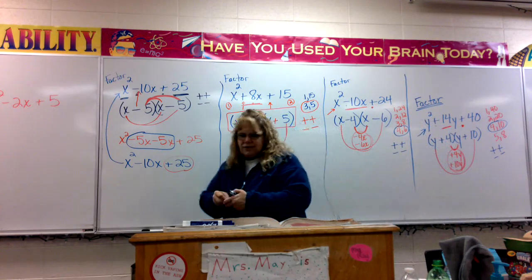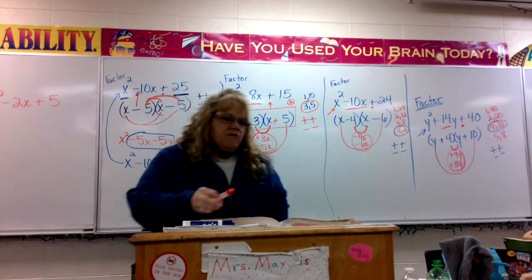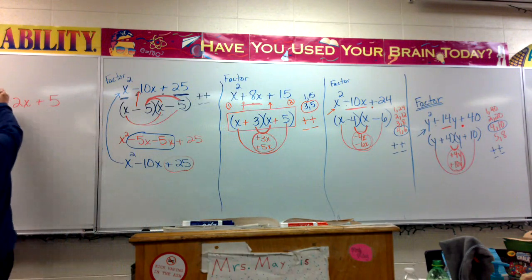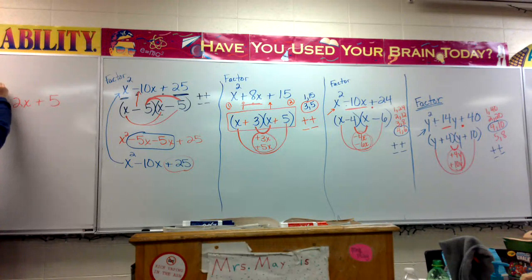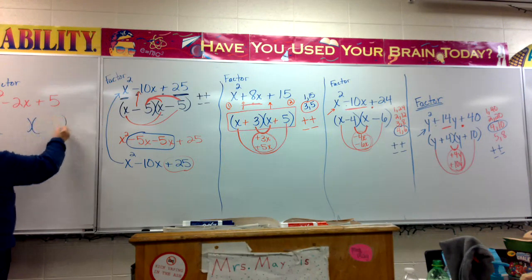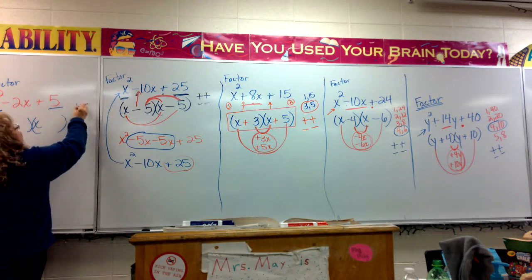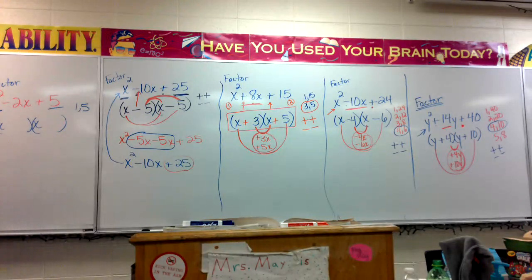Does that make sense? Do you have questions? I just have one other thing to show you. If I ask you to factor this one, so right here, x squared, x times x, that's easy. If I move down here, 5 is 1 and 5. There are no other possibilities.